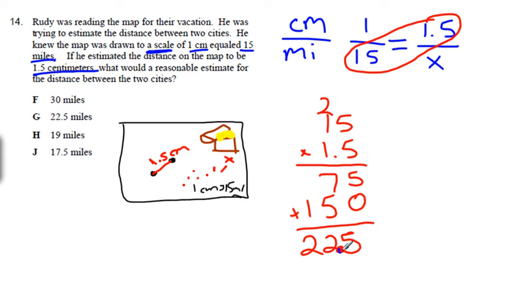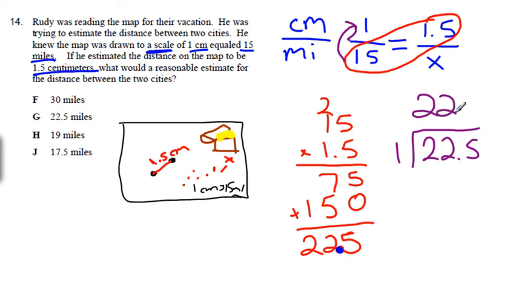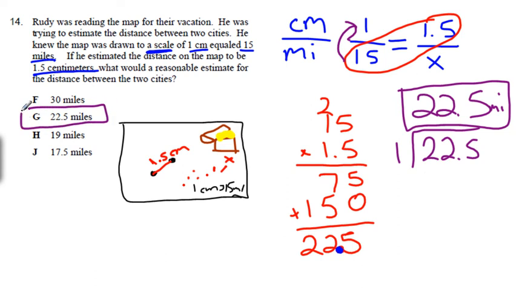So we get 22.5, and now we just divide that by the number we didn't just use. So what is 22.5 divided by 1? Any number divided by 1 is just that number. So we get 22.5, and that would be miles. And that's answer G. Okay, 3 more.